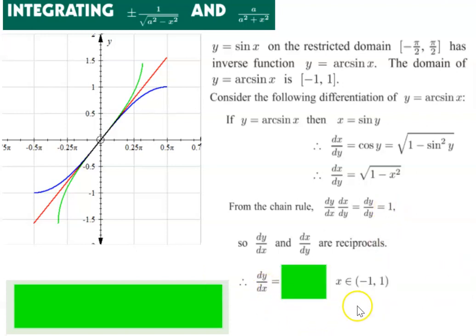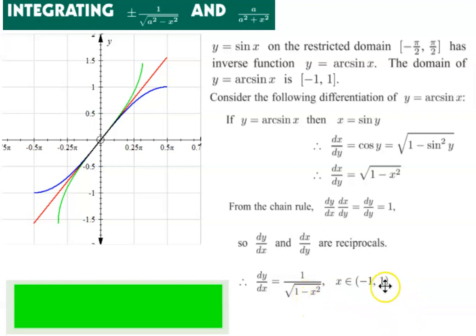So dy by dx is the reciprocal of dx by dy. Up here I've got dx by dy, therefore dy by dx is the reciprocal of this term here, so 1 on the square root of 1 take x squared. And once again, while that is not a fraction, it does function as a fraction. If you invert that expression, you get this term here.